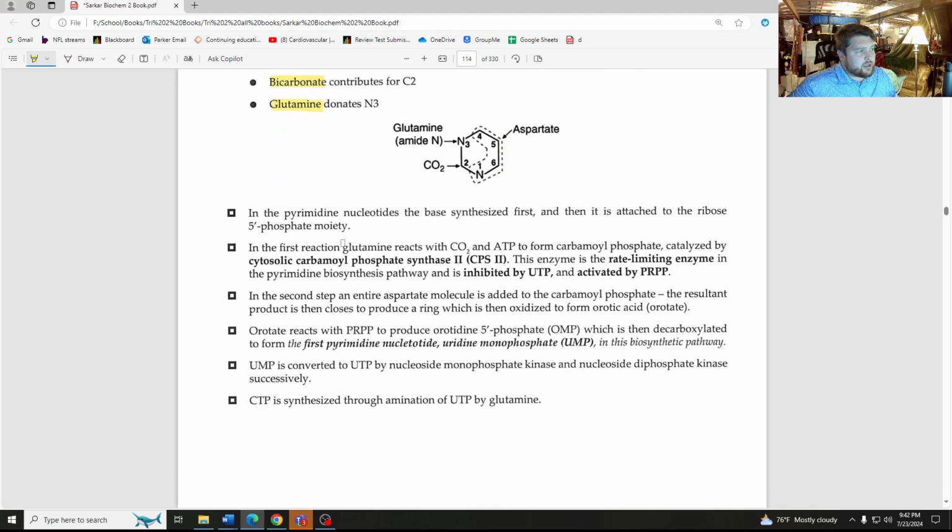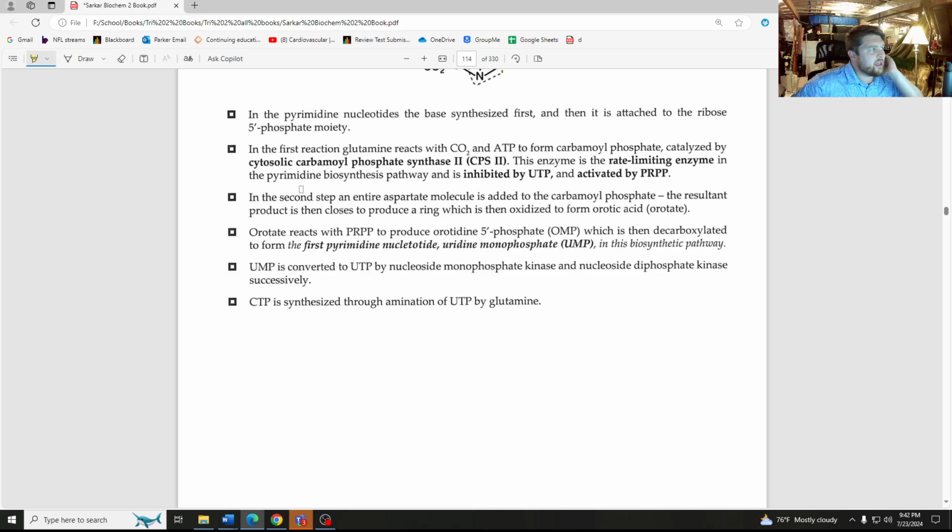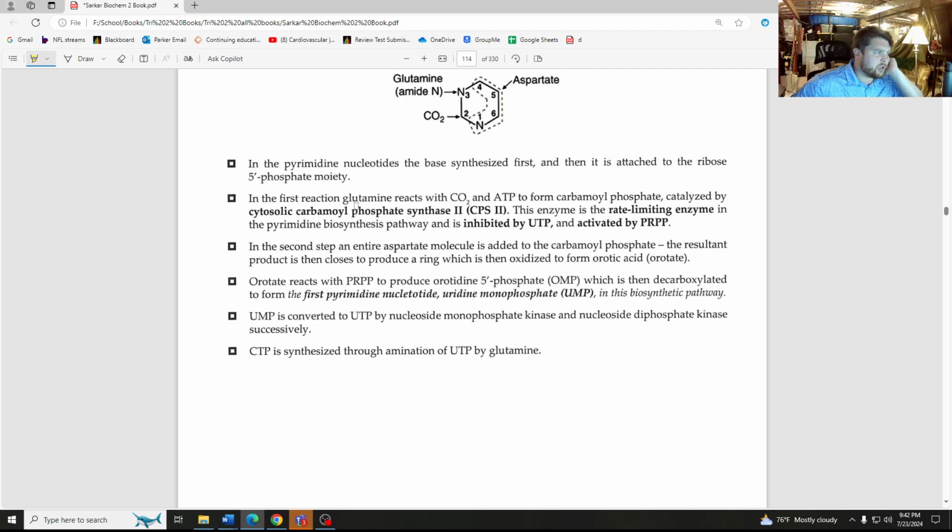In the pyrimidine nucleotides, the base is synthesized first, and then it is attached to the ribose 5-phosphate moiety. Remember that ribose 5-phosphate is coming from the pentose phosphate pathway. In the first reaction, glutamine reacts with CO2 and ATP to form carbamoyl phosphate, catalyzed by another big ol' enzyme, cytosolic carbamoyl phosphate synthase 2.